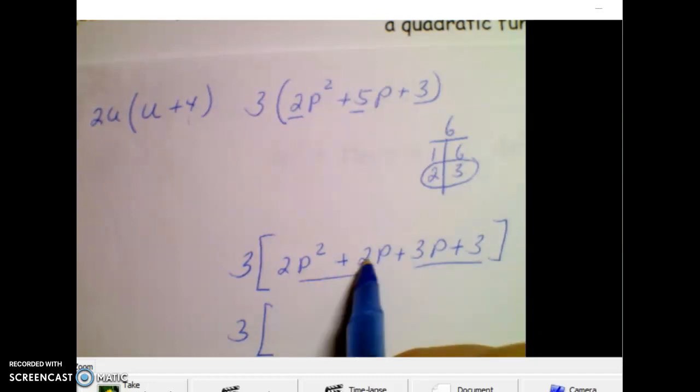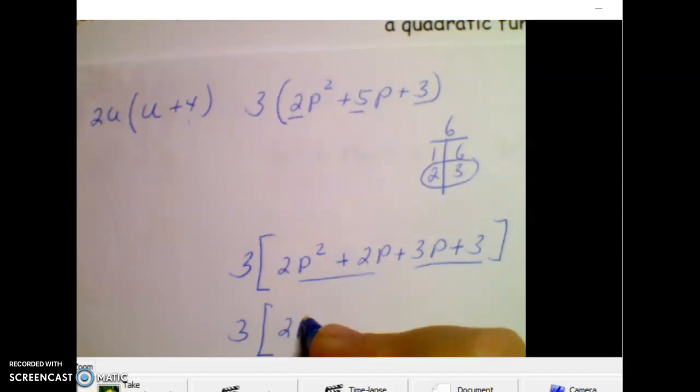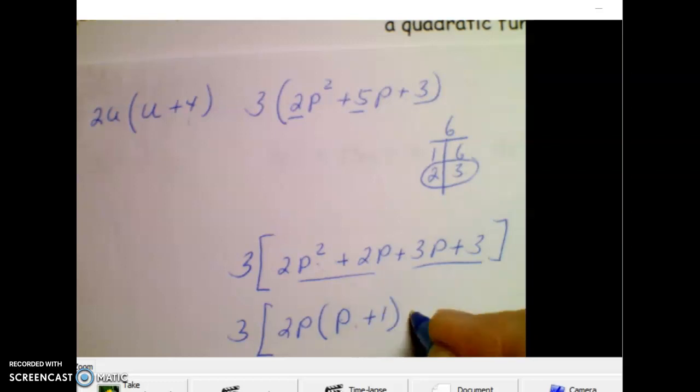Okay, so what do these two have in common? They have 2's and they have p's. So I'm going to put 2p right here. And inside, I would have 2p times p and 2p times 1. And now I'm going to do the same thing here. What can I factor out? I can factor out a 3. It would be 3 times p is 3p, and 3 times 1.